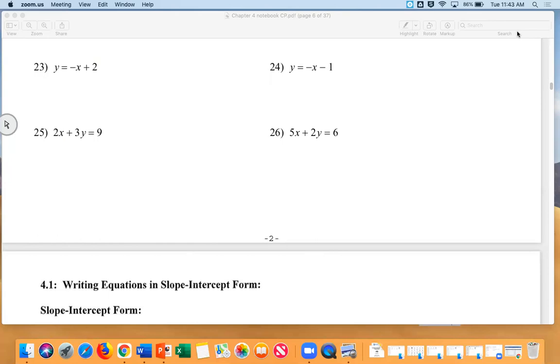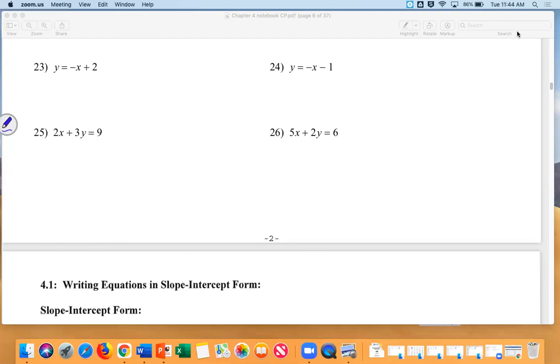In 23 and 24, y is by itself. But in 25 and 26, y is not by itself. So I can't just say that's my slope. The nice part about these up here is it's very easy to identify the slope when it's in slope-intercept form. This, as we know, is in standard form. So that number next to the x is not the slope.